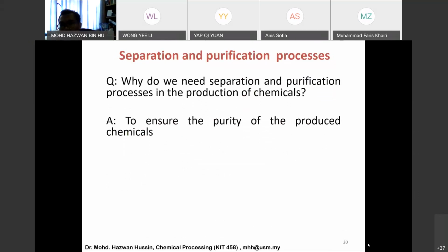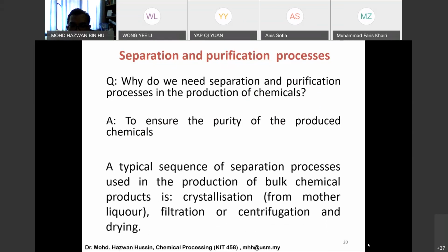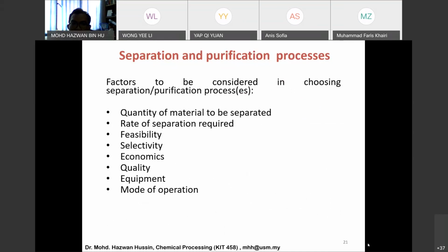So why do we need separation and purification process in the production of chemicals? Of course, the answer is to ensure the purity of the produced chemicals. A typical sequence of separation processes used in the production of bulk chemical is crystallization from the mother liquor, and then filtration or centrifugation and drying.